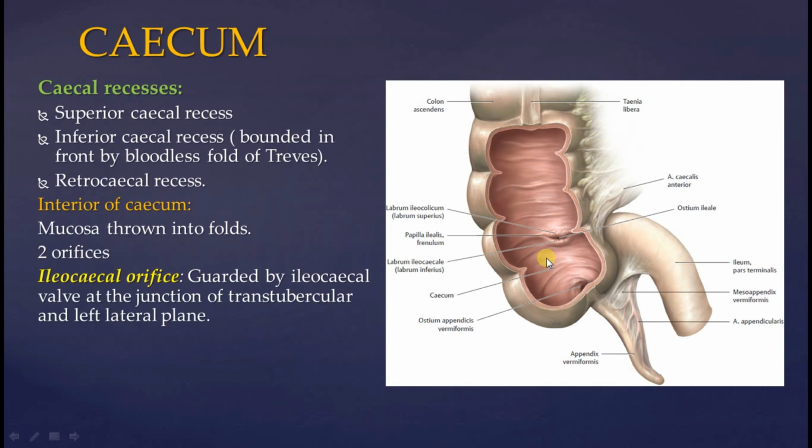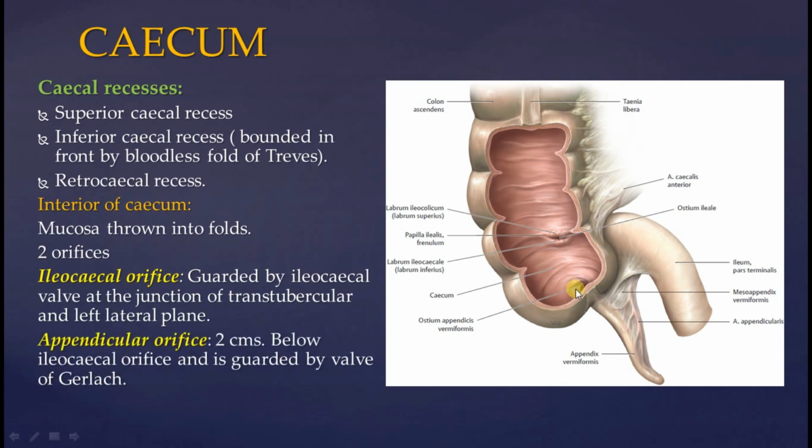It does not allow contents from the cecum into the ileum. The next orifice, 2.5 cm below that, is the appendicular orifice, where the base of the appendix opens into it, and that is guarded by a valve called the valve of Gerlach.